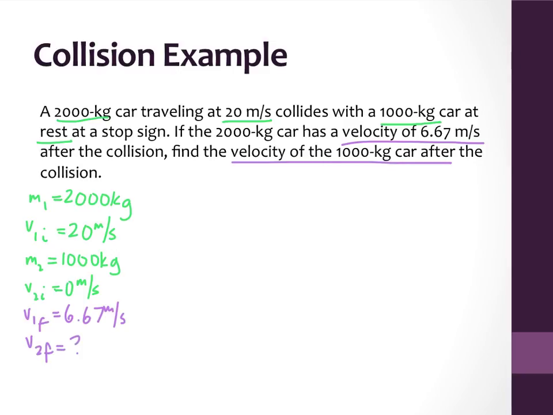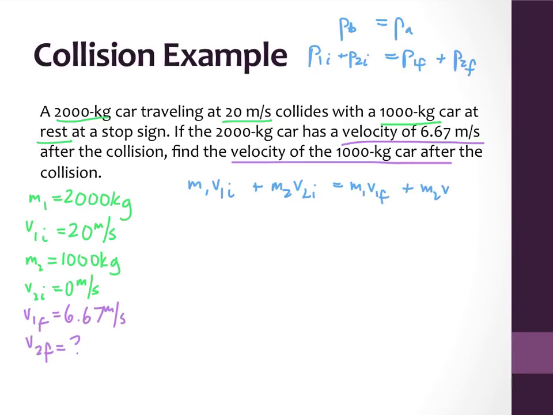So let's start out with our p before equals p after. And since we have two objects, p1i plus p2i equals p1f plus p2f. Now we substitute these values in, so it's m1 v1i plus m2 v2i equals m1 v1f plus m2 v2f.